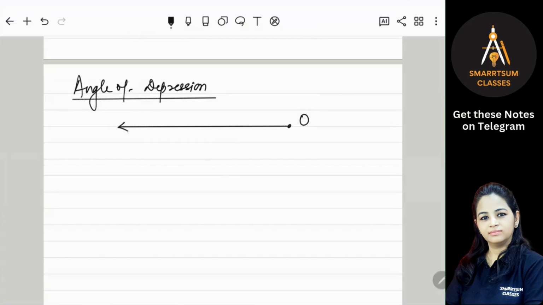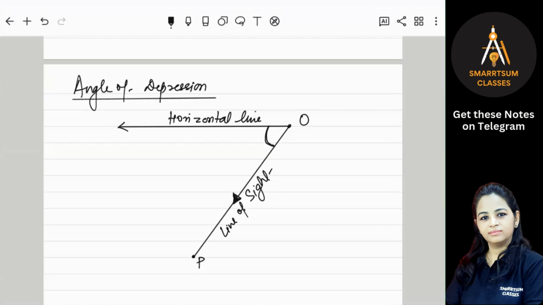This is the horizontal line, and the object is placed at the point P. The line joining this O and P will be the line of sight. Now, this angle will be called the angle of depression.